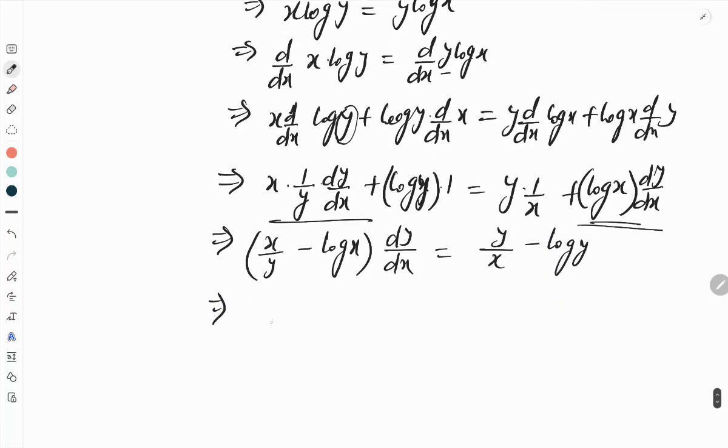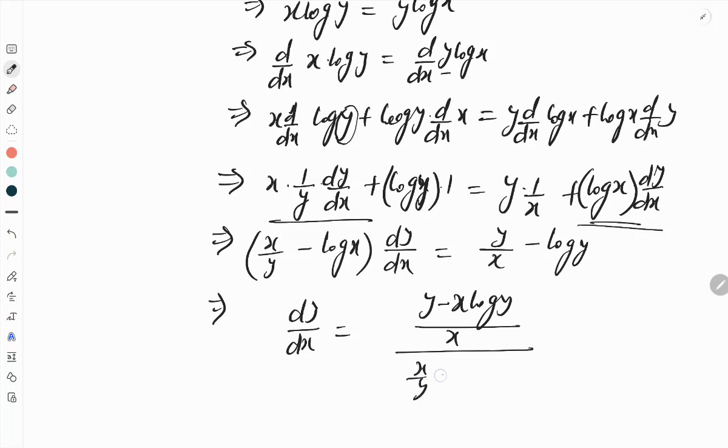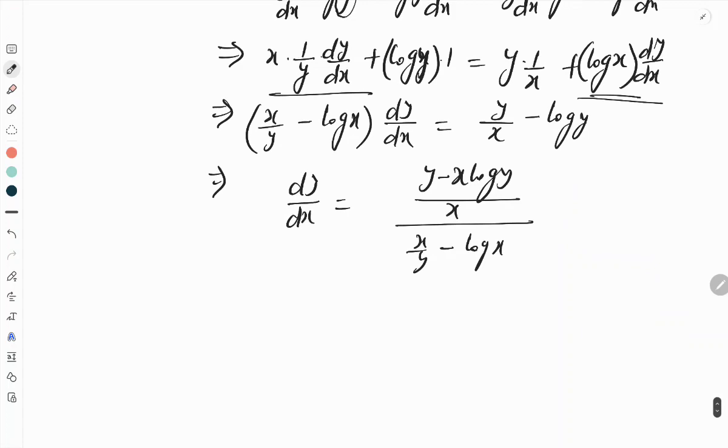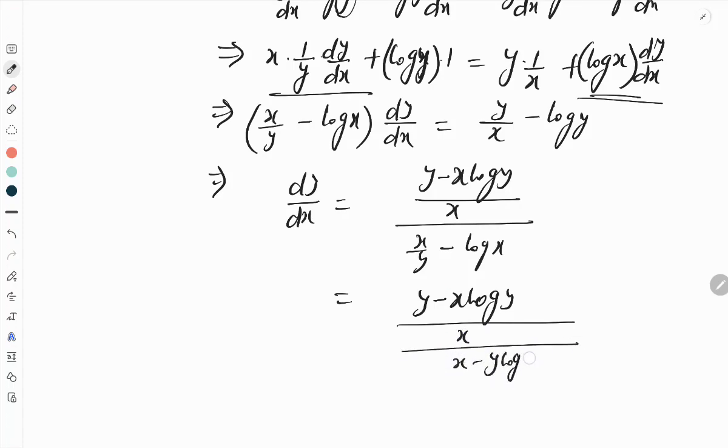After that, what do we have? Just dy by dx. You have to write dy by dx will be, multiply it, y minus x log y upon x, and total upon this one, x upon y minus log x. Now just simplification: y minus x log y upon x, I am leaving that one, upon x upon x minus y log x upon y.